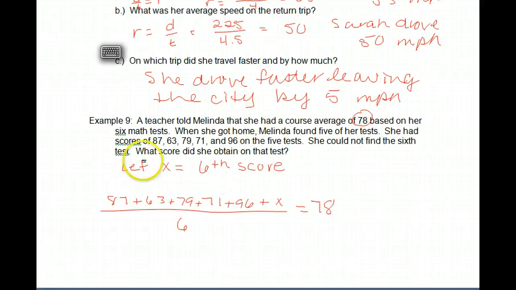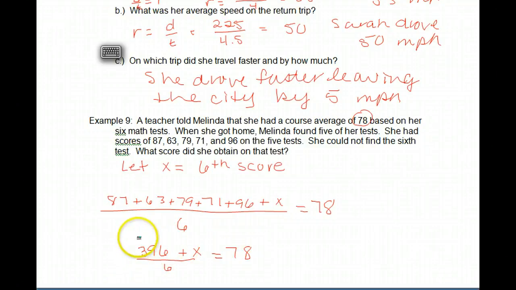We need to add together the 5 scores that we know, 87, 63, 79, 71, 96. Adding that all together will give us 396 plus the X that we can't compute at this time, and that still gives us 78.